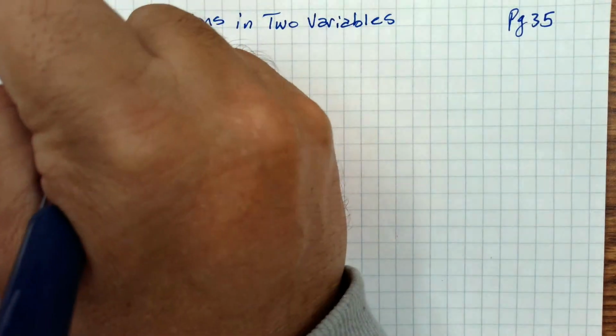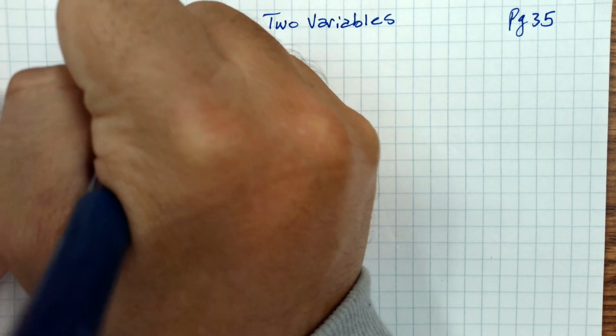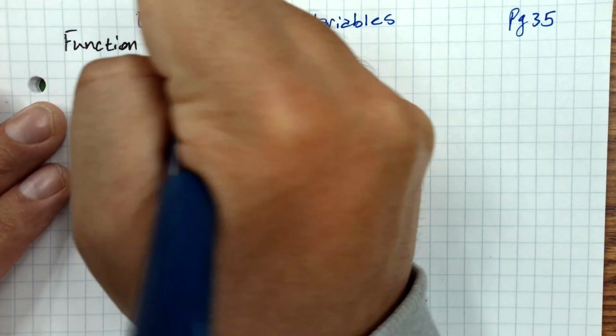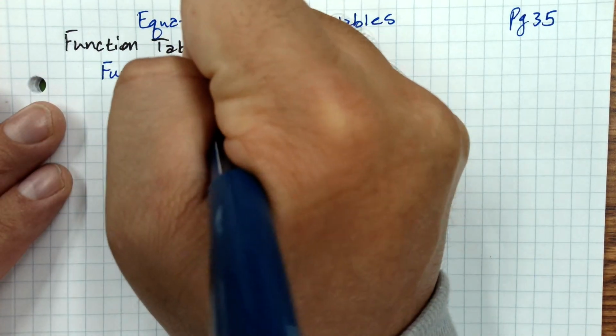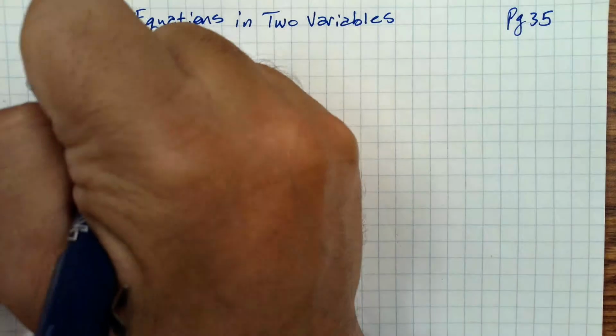So let me write that down. Function form. And it's a specific way of writing an equation in two variables. But we're going to stop calling this form of writing an equation function form almost as soon as we bring it up. So in about a week and a half, we're going to no longer call this way of writing an equation function form.